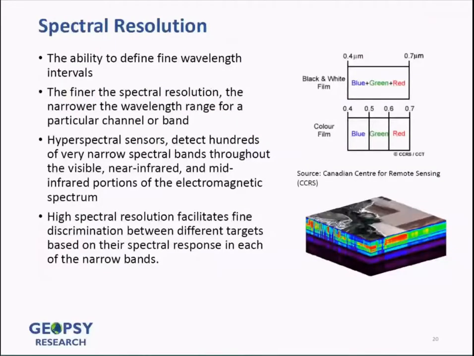Then the spectral resolution. We talked about the electromagnetic spectrum and about how different parts of the electromagnetic spectrum can be used for remote sensing. So the ability to define fine wavelengths. For example, when we have the optical range of the electromagnetic spectrum, if we divide it into fine details, we can divide it into blue, green, and red.